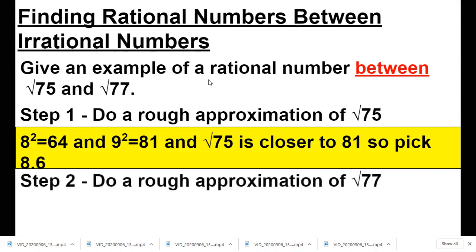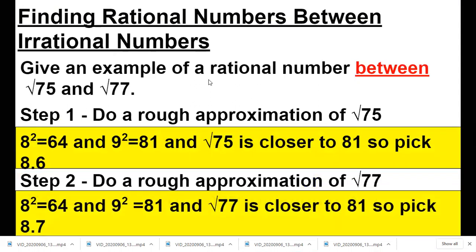Step 2 is the rough approximation of square root of 77. We're going to use the same two numbers, 8 squared and 9 squared, and 77 is closer to 81. So we're going to go a little bit higher than 8.6 this time. So we're going to go with 8.7. And then we have to find a rational number in between 8.6 and 8.7.